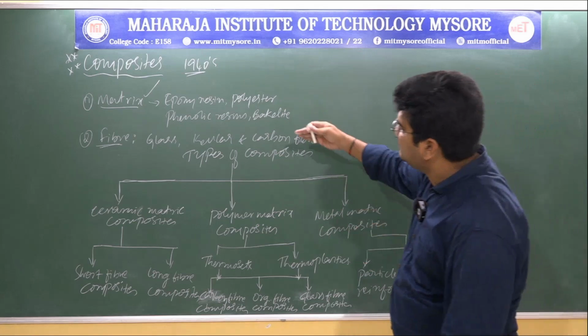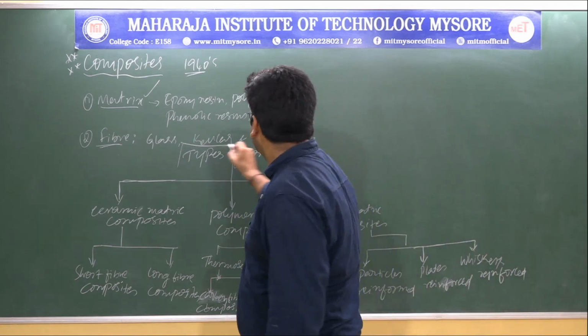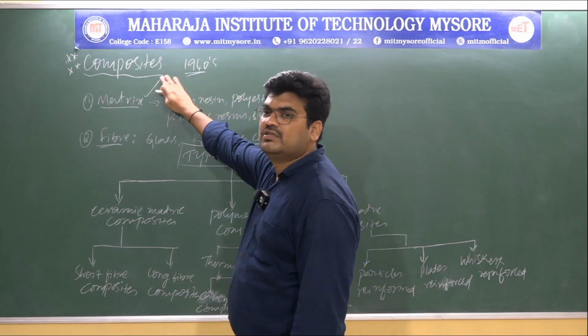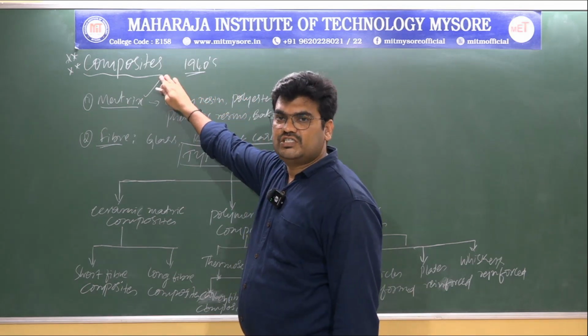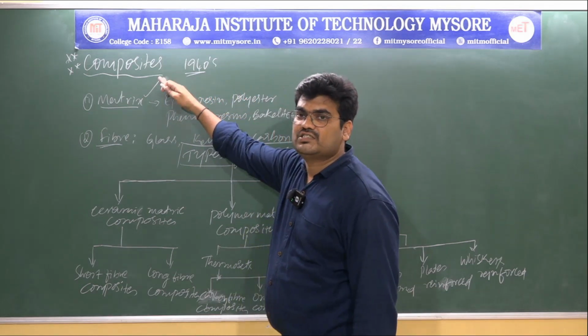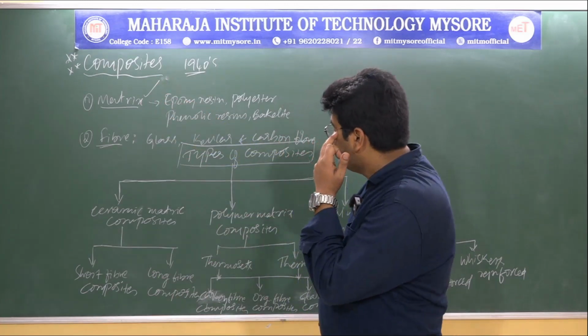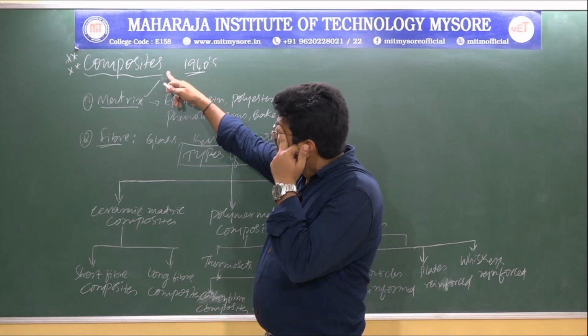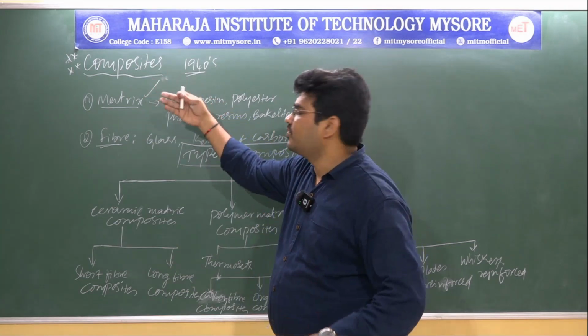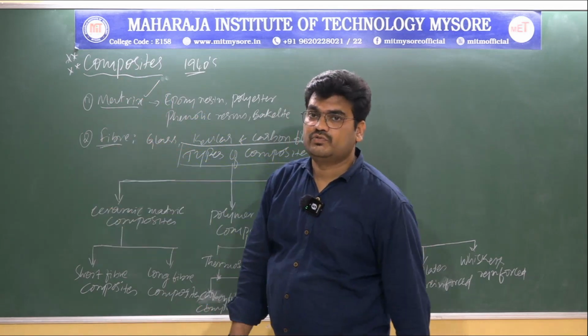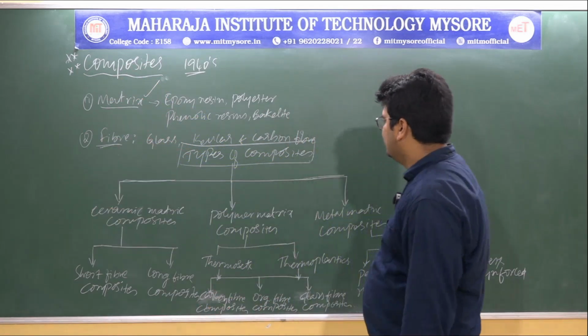Remember, so like this one can classify the composites. Composites are a combination of two or more distinct components in order to form a new class of materials which are suitable for structural applications. Once a composite is formed, it is going to exhibit excellent properties compared to the matrix alone as well as fiber alone. This is the beauty of these composite materials.